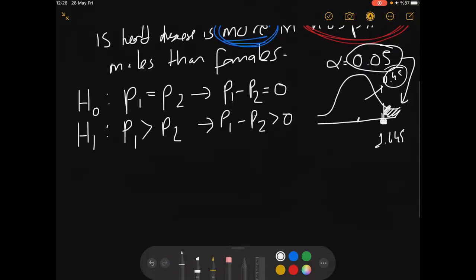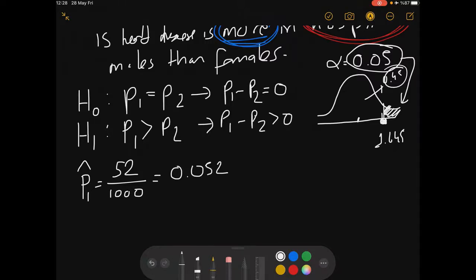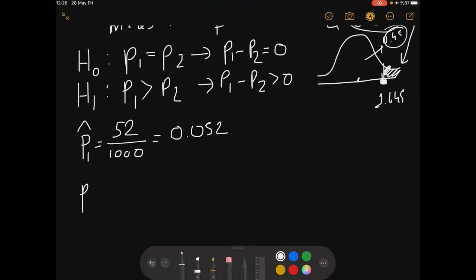That's the idea. All right, so your P1 estimate is this one over 1000, which is 0.2, and your P2 estimate is for the females, 23 over 1000. Okay, Michael Jordan, right?